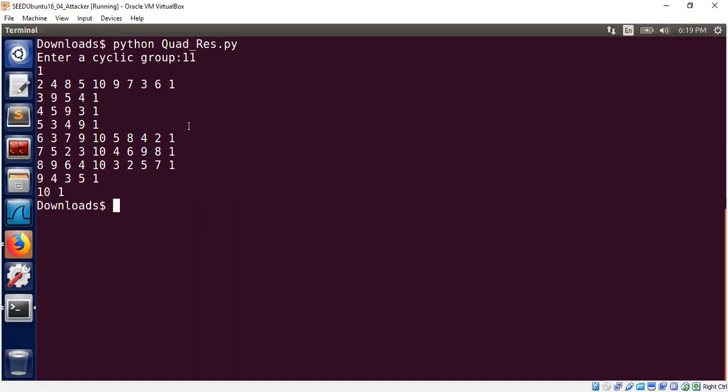If you look at the second column, for example, we have numbers like 4, 9, 5, 3, 5, 9, 4, 1. So basically 1, 3, 5, 4, 9. And there is an interesting property there. If you take, for example, the number 4, and look at row 4, it has exactly the same set of elements.